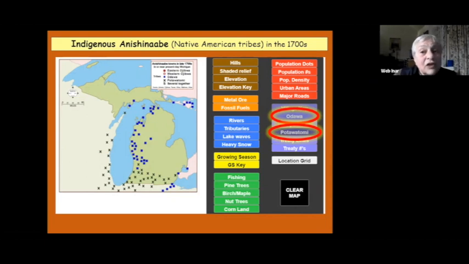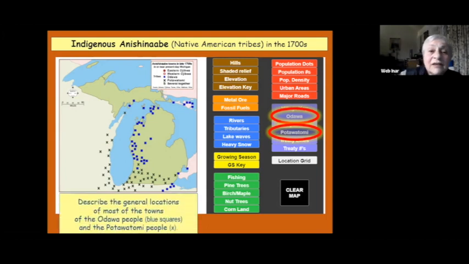I've turned on just two of the three fires, the Potawatomi and the Odawa. And the question here for students is, let's take the Potawatomi, the X's. It's important that students say, where were most of the Potawatomi villages in the 1700s?